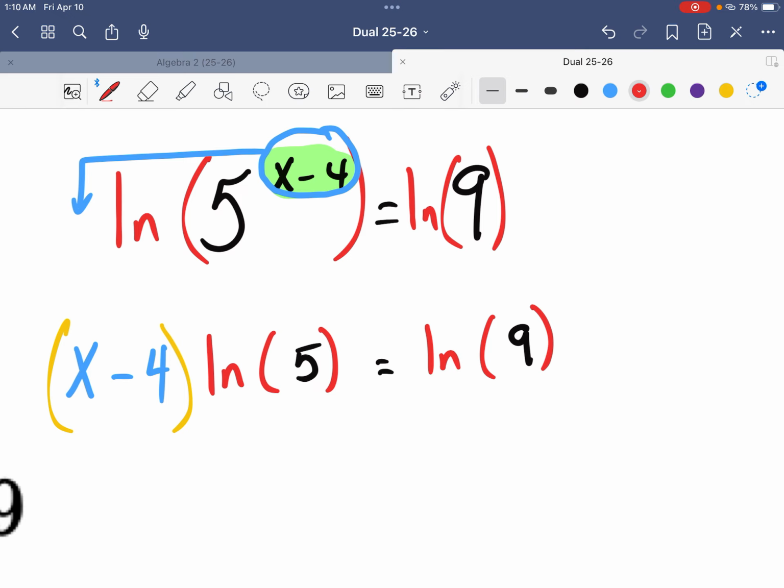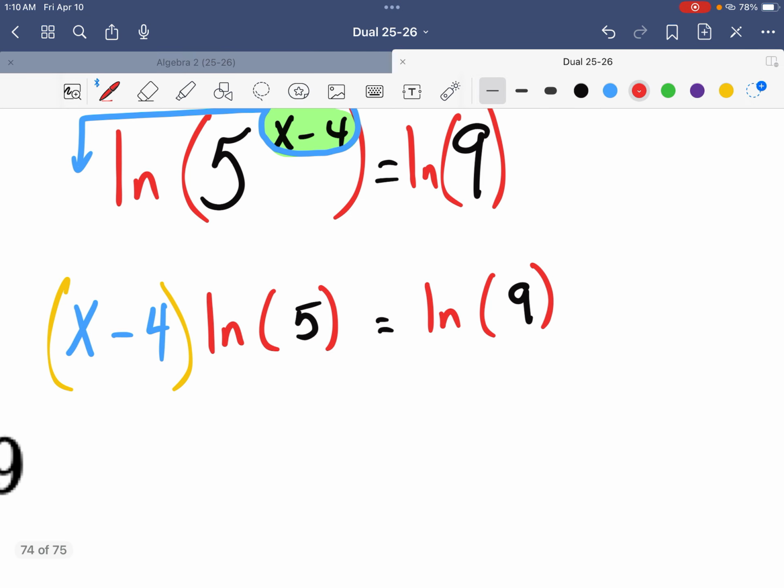Okay, now, we want to get x's with x's, right? Keep all the x's on the same side. In this question, we only have one x. It's right there. I would like to leave it alone. That's the last thing I want to move around. So for right now, I need to worry about moving everything else. I can't move the x, and I can't do plus 4 yet because it's trapped in the parentheses.